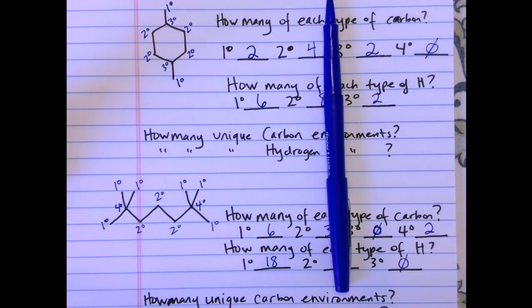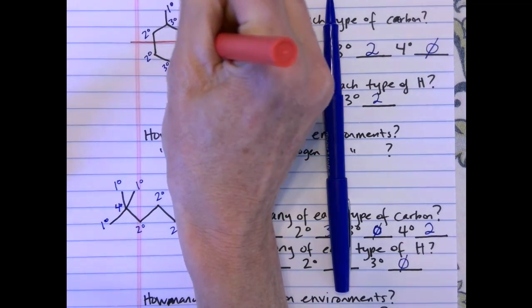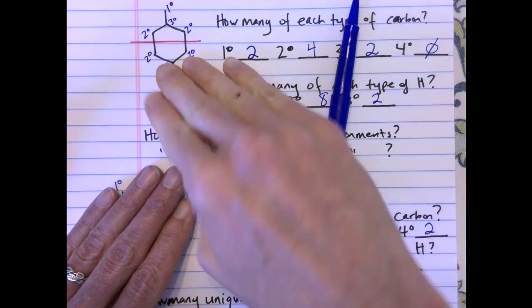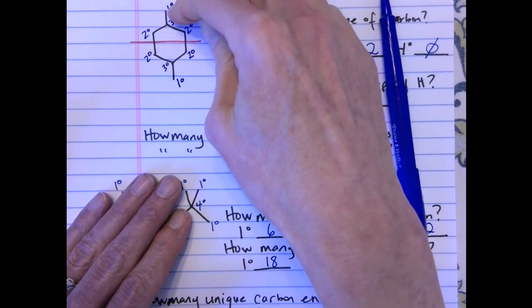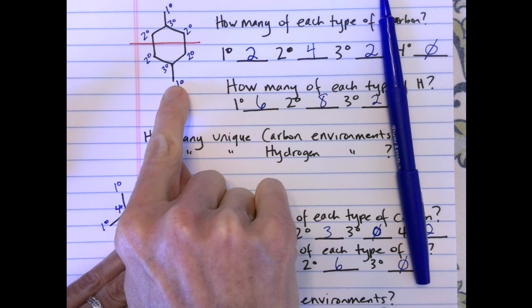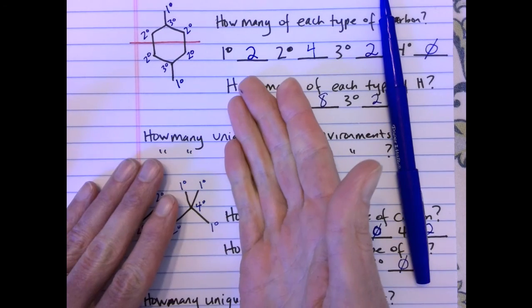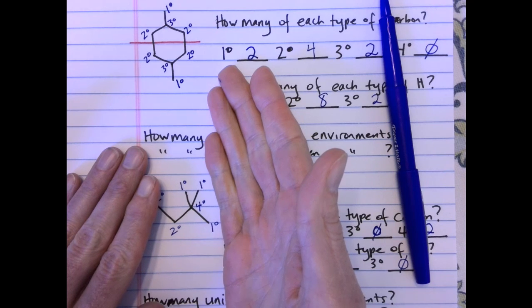We could draw a line through this molecule this way, and if we folded the bottom up on top of the top, everything would line up perfectly. And what that tells us is this carbon right here is really identical to this carbon right here.